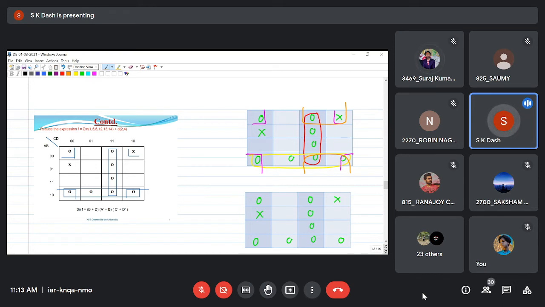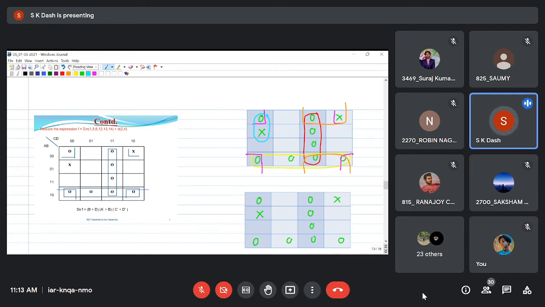Okay, so brown color. Next, any other quad possible? No. Any pair possible? Yes, sir. This can be a pair. So these are all the possible combinations.